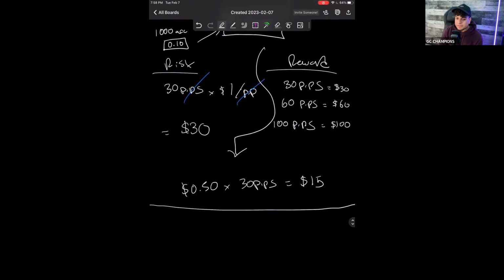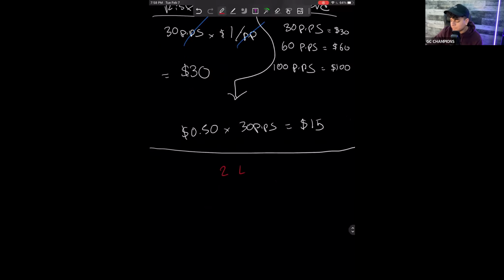And the last thing that I'm going to leave you off with as we approach the hour is my 2 laws. Okay, the 2 laws of trading.